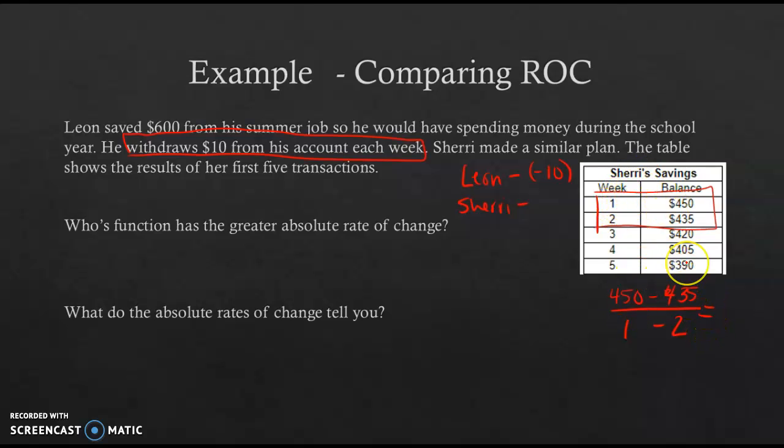So 450 minus 435 is 15, and then 1 minus 2 is negative 1. So she withdraws $15 each week.